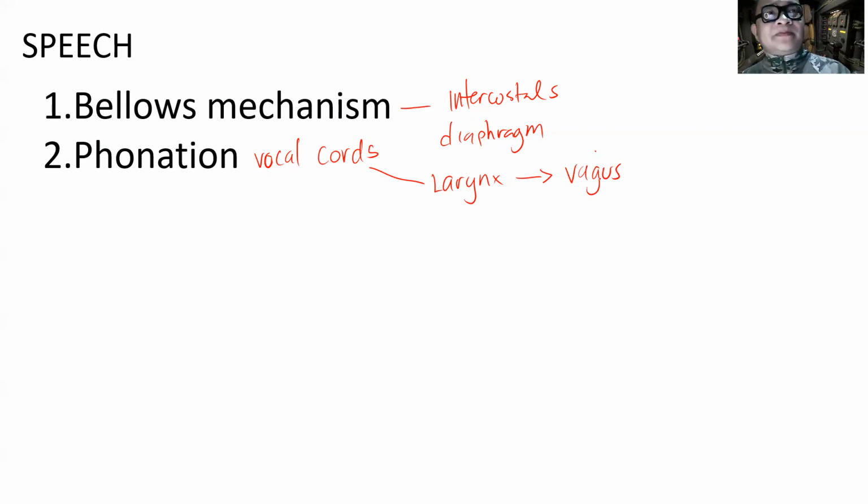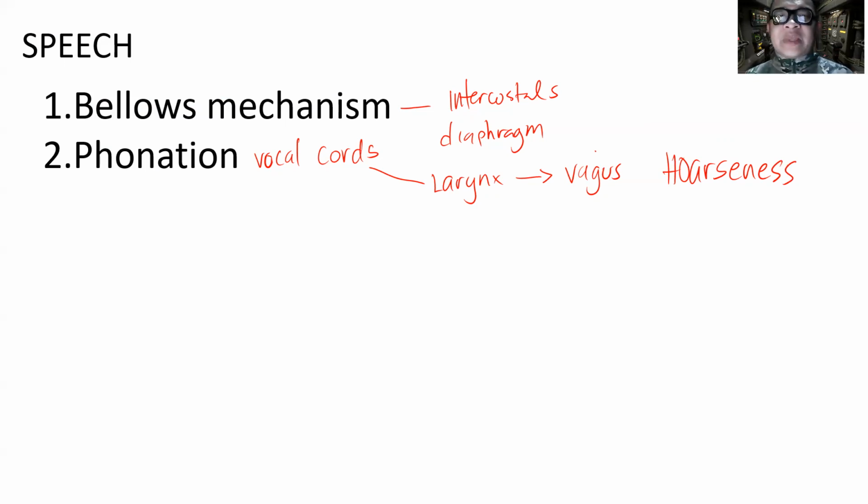So if you have a vagus nerve palsy, with one side or both sides of your vocal cords paralyzed, what do you have? You have hoarseness. You sound hoarse. Not horse, but hoarse.